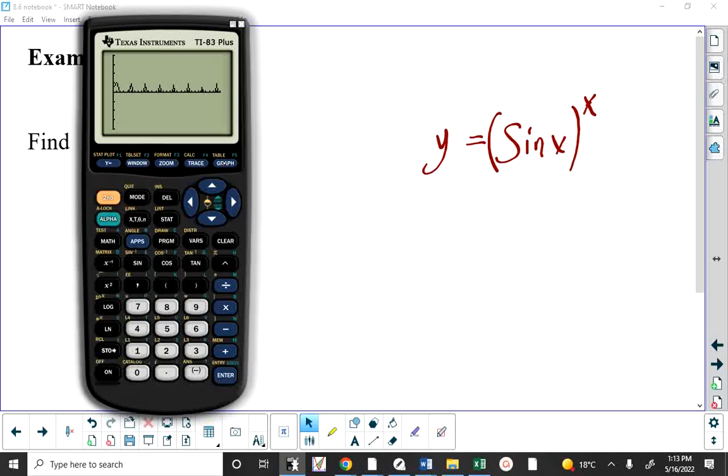And again, this is just curiosity. Actually, you know what? I think it disappears wherever sine is negative. Like, you know where sine goes below the x-axis? If sine is negative, you can't have a negative base. I don't think there will be anything.